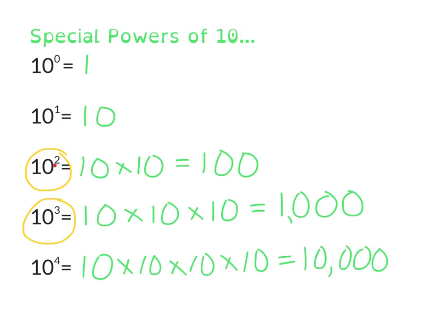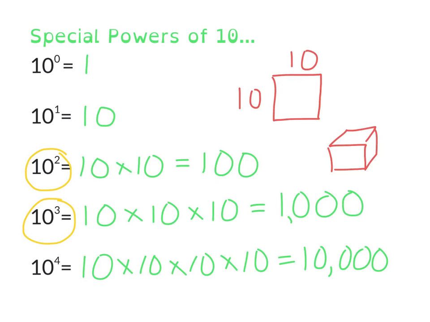So 10 squared. The reason that people say 10 squared is if you think about a square, if you're finding the area of that square, you're multiplying 10 times 10. So you're multiplying 10 2 times. So that's where we get 10 squared from. 10 cubed is the same idea, but with a cube. If you have a cube, it's 3-dimensional, right?